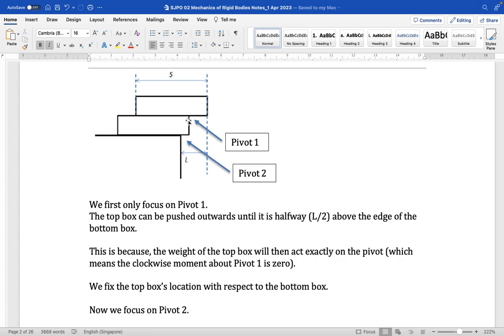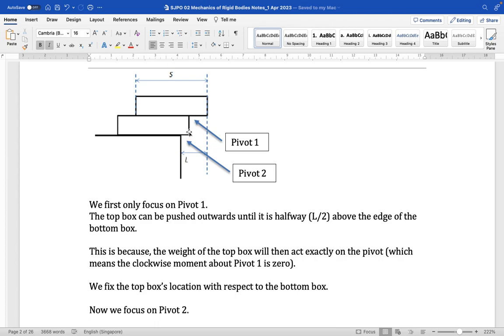Now we look at the second pivot. Even though the object is balanced and does not tip over pivot 1, taking moments about pivot 2, the top box will actually have an unbalanced clockwise moment, and it will fall over about this point, not at pivot 1, but about pivot 2.